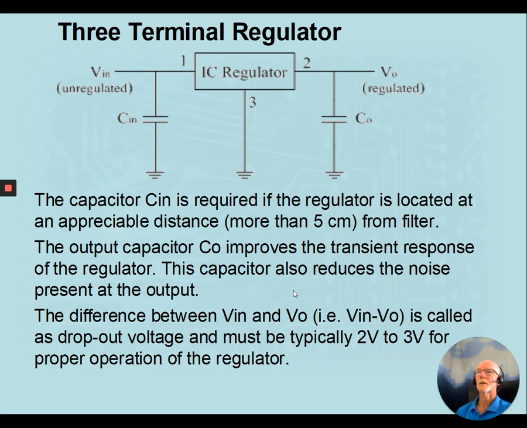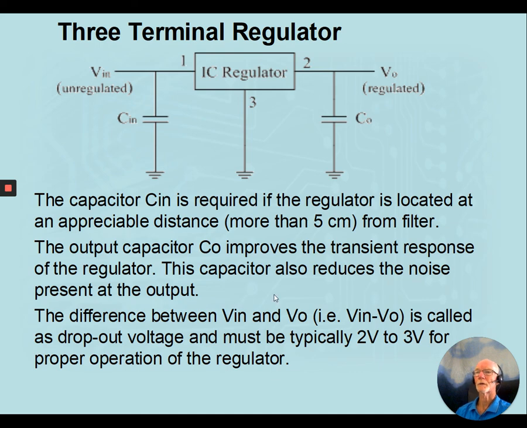The capacitors that were around them are required if the regulator is not particularly close to the power supply's main filter, so we can put these extra ones around. And also, if it's going to be in an electronically noisy environment, we can put extra capacitors around there as well to help reduce any noise.